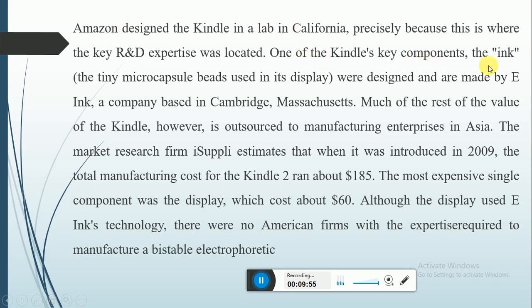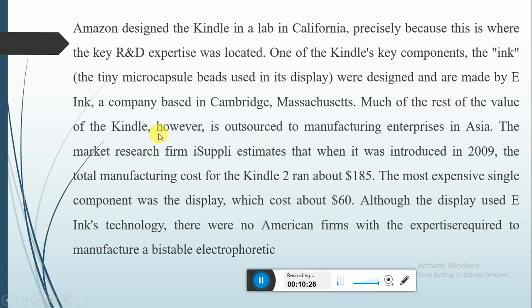One of the Kindle's key components, the ink, the tiny microcapsule beads used in its display, were made by E-Ink, a company based in Cambridge, in the United Kingdom. So this small microcapsule, a very small, tiny part, was produced in Cambridge.